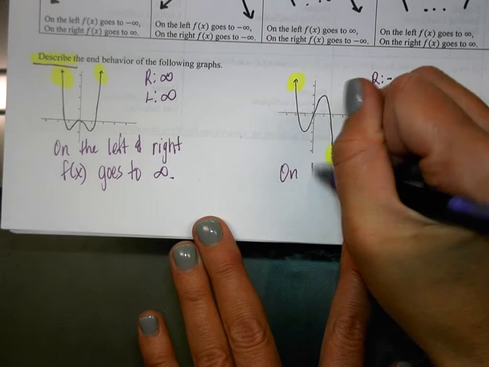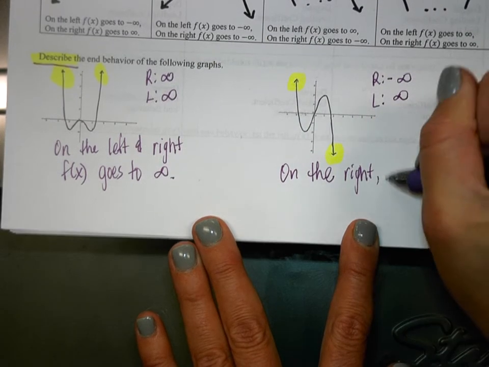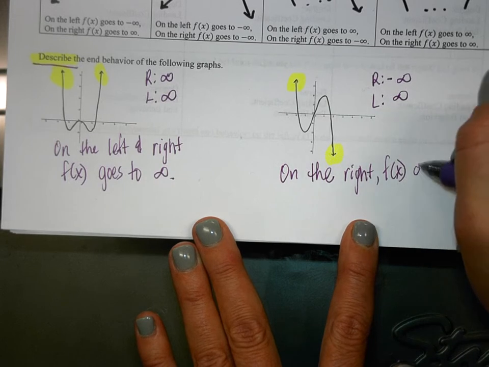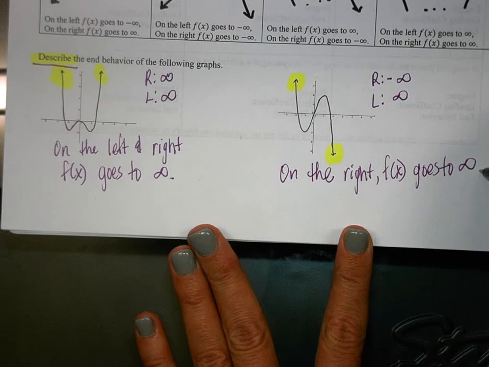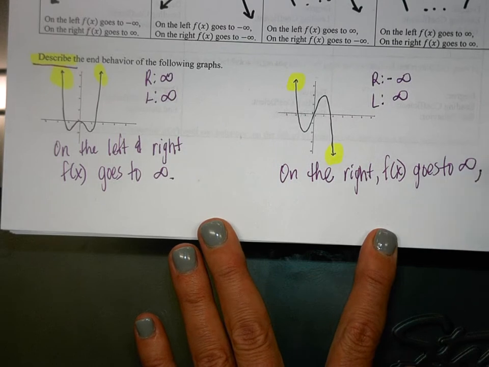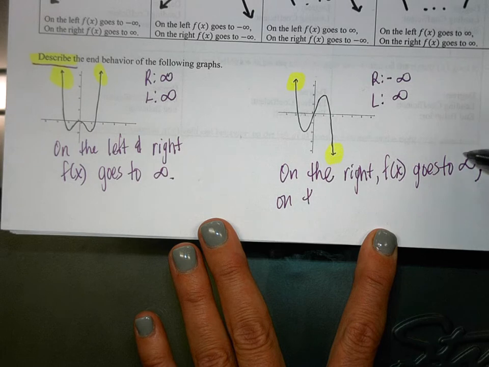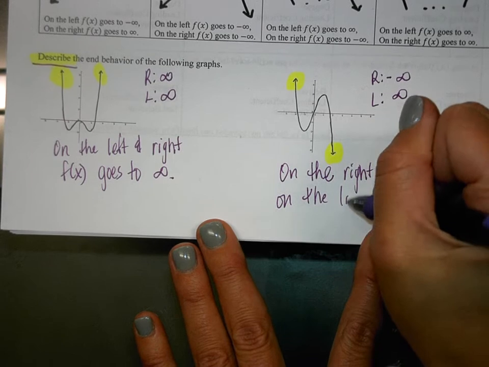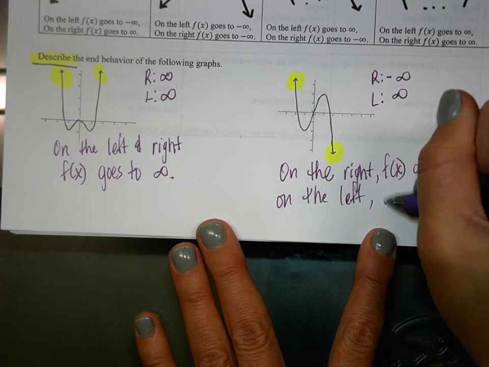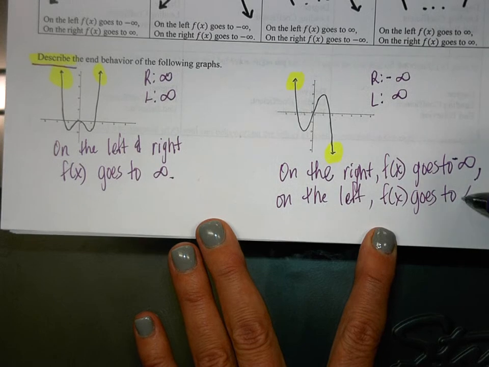So on the right, f of x goes to negative infinity. On the left, f of x goes to infinity.